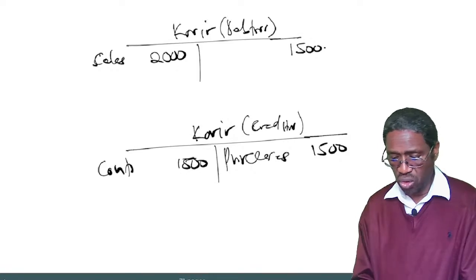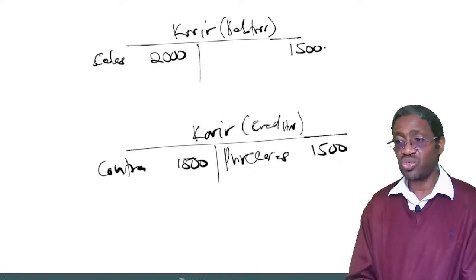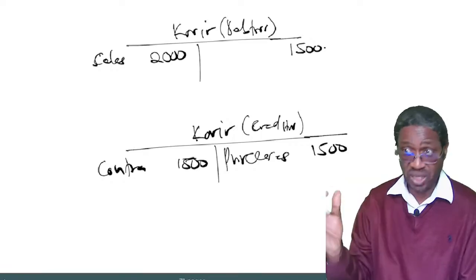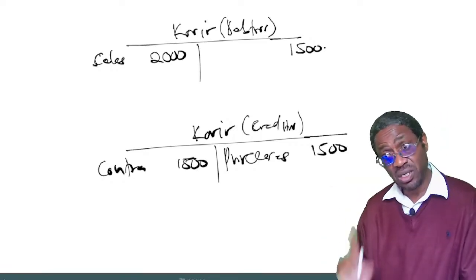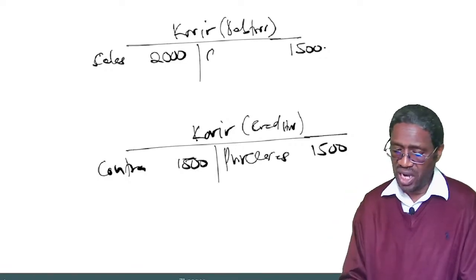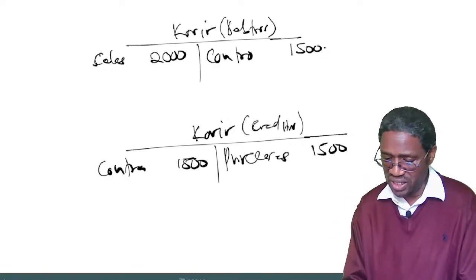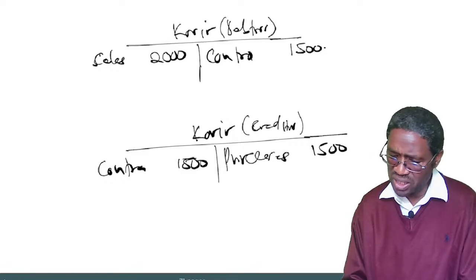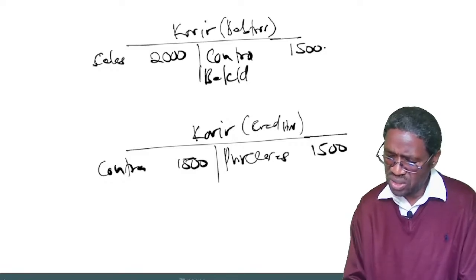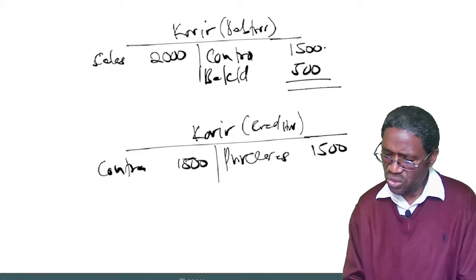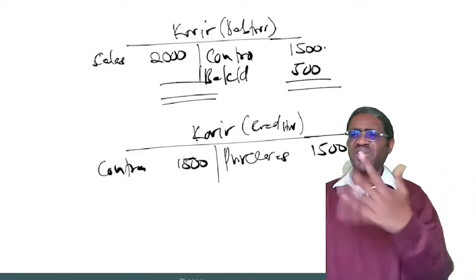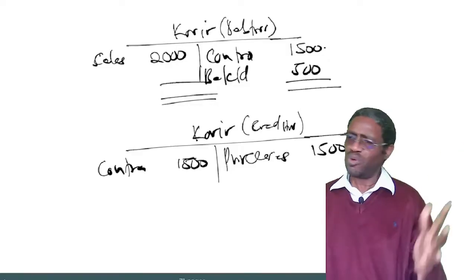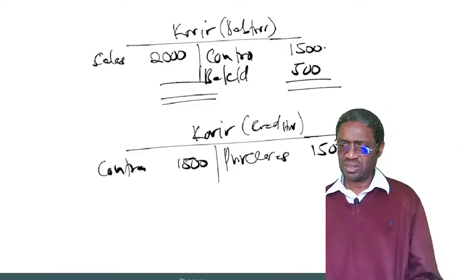Some books will call it contra, some books will call it set-offs, whichever term the question uses. So you debit creditors, Coril as a creditor, and you credit Coril as a debtor. So that now you say balance carried down, which is 500. So effectively, Coril owes me 500 only. If he can pay me 500, then I have no problem. I will have cleared his debt.